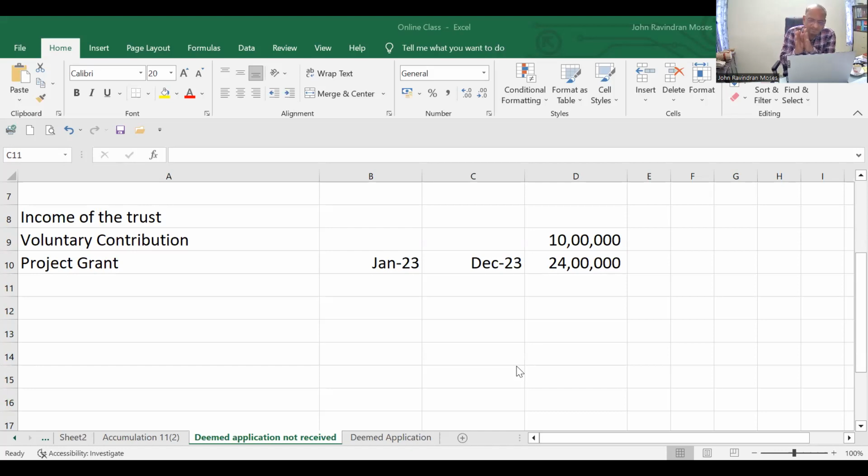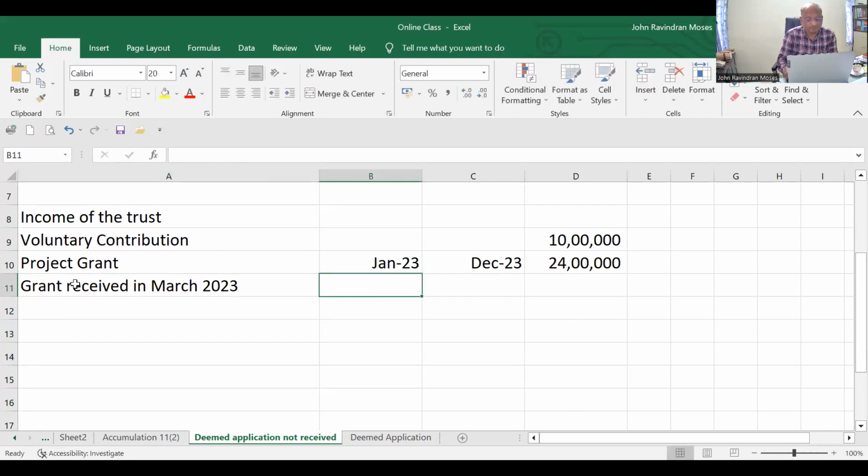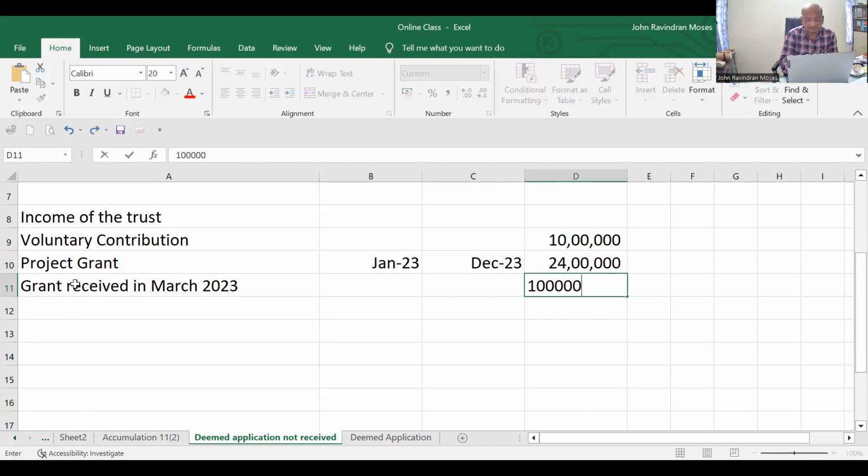But it will not happen for all of us, or may not. To many of us, it may not happen because sometimes we may get a large grant in the month of March 23. Grant received in the month of March 23 also is possible. This March 23 grant is meant for, let's say, next year, financial year 2023-24.